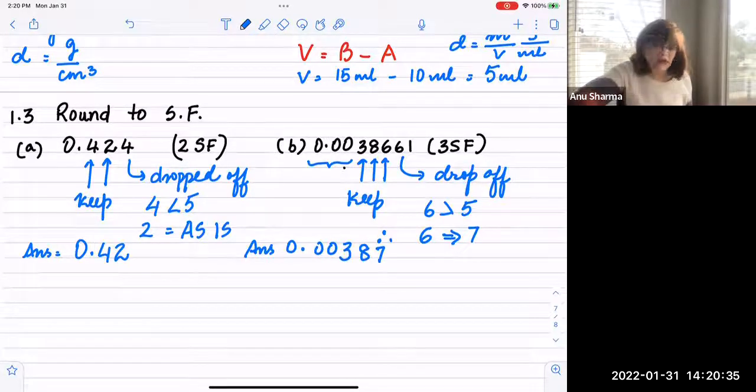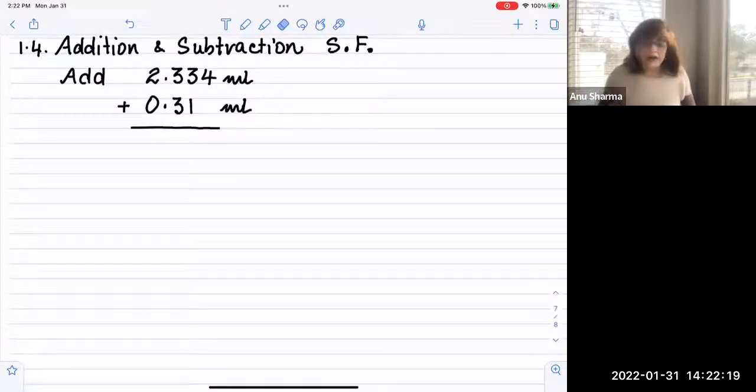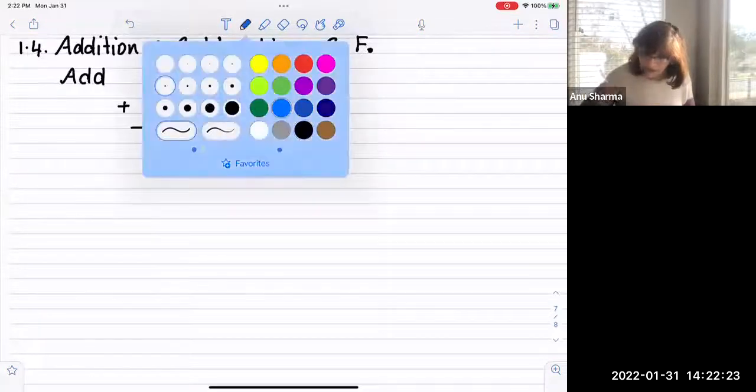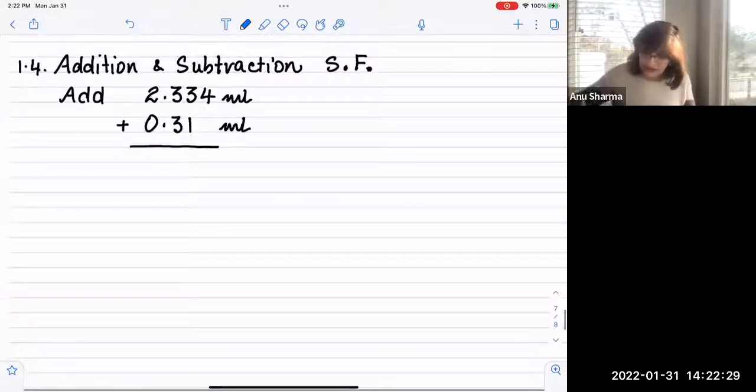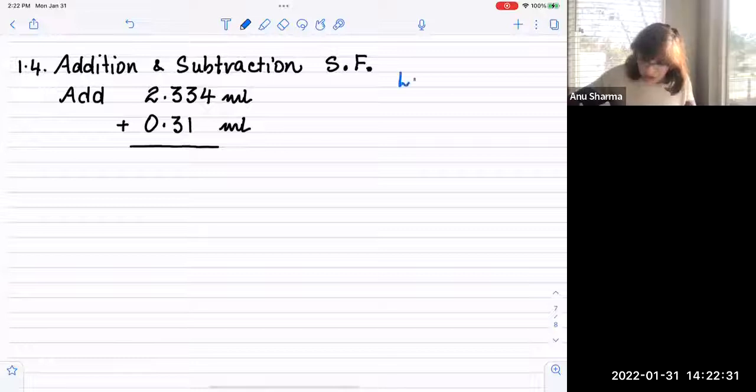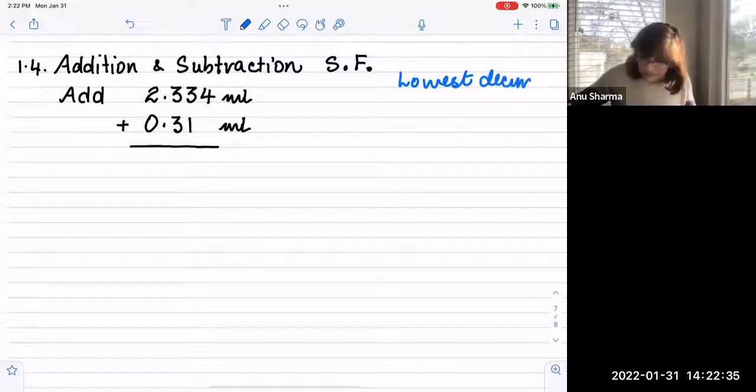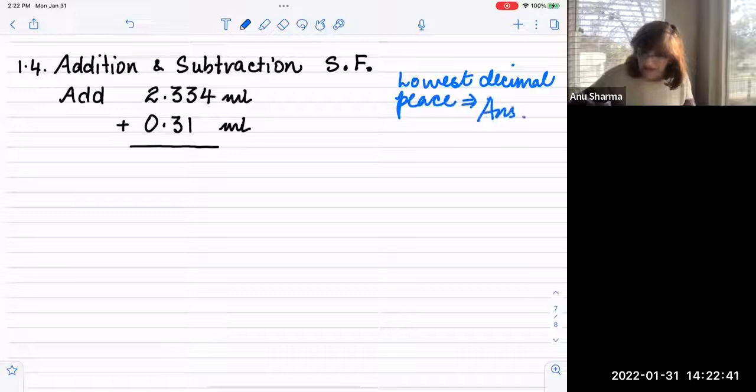Okay, let's look at the next problem. I will just do 1 or 2 examples from each of these problems. Here we are adding, and for subtraction the rules apply the same: the final answer should have the lowest decimal places.